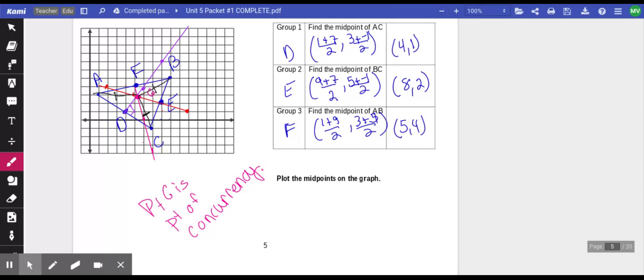So point G is the point of concurrency such that AG is congruent to BG, is congruent to CG.